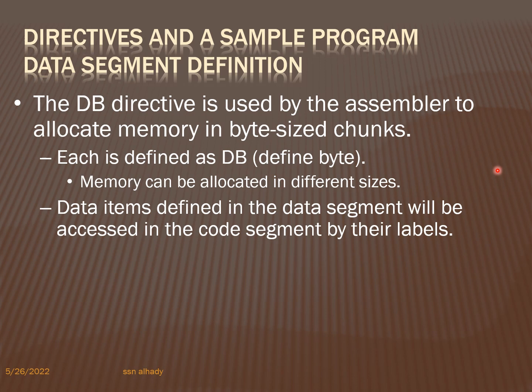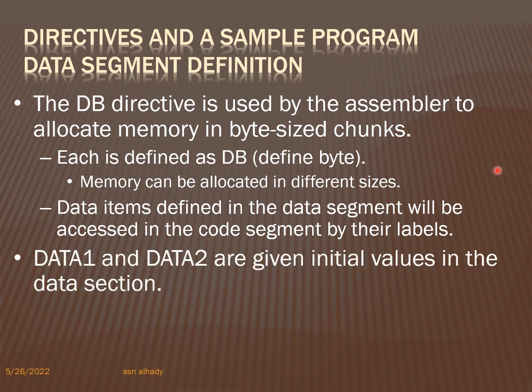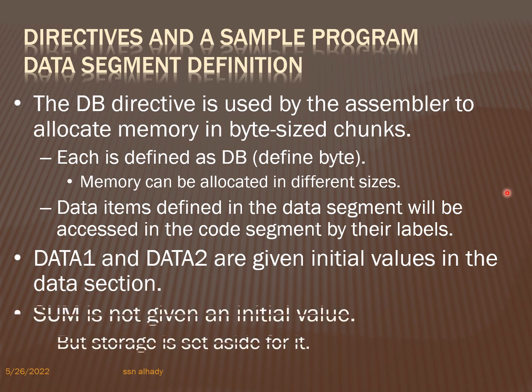Once you define it in the data segment, you can access it by the name given there. Data 1 and data 2 are given initial values in the data section. Sum is not given an initial value, but storage of 1 byte is put aside for it.